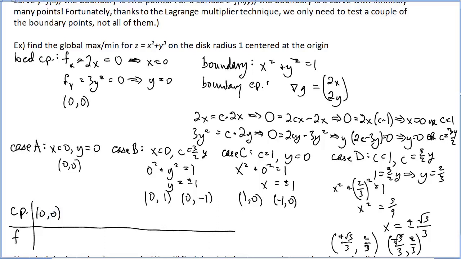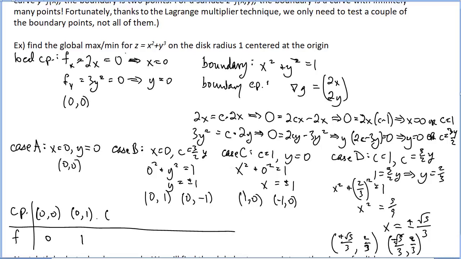So for 0, 0, plugging that into the function, remember our original function right here, z equals x squared plus y cubed. So plugging in 0, 0, we just get 0. Plugging in 0, 1, we just get 1.